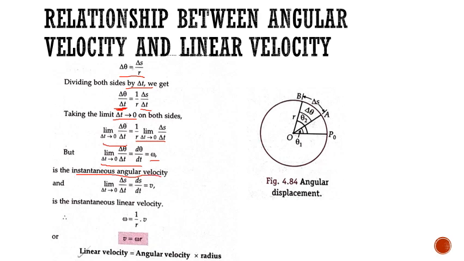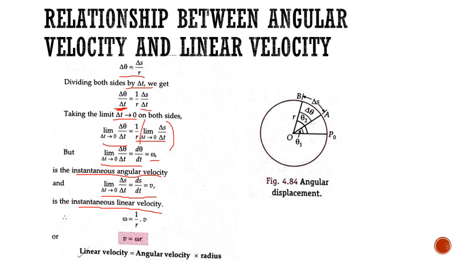So omega is your instantaneous angular velocity. Similarly, let us consider this part: limit delta t tends to 0 del s by del t, which equals ds by dt. What is the rate of change of displacement? It is instantaneous velocity.